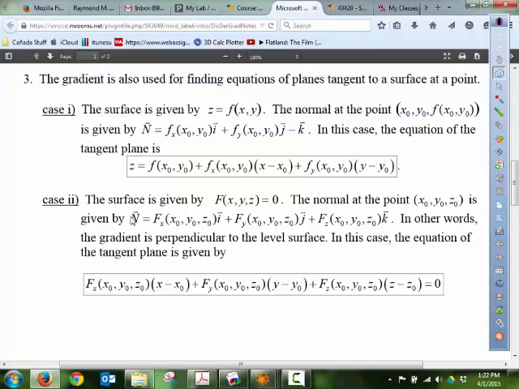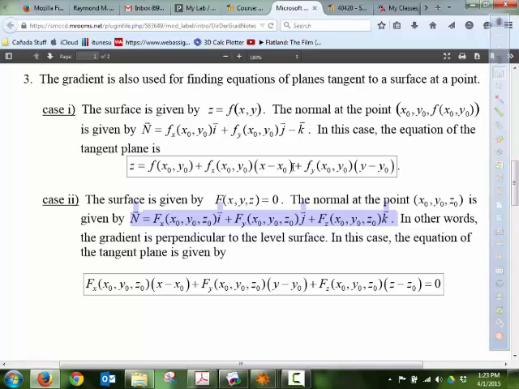I'll start with case 2 in my notes here, and that is that if you have a function of x, y, z equal to w, and you find a level surface of that, then the three-dimensional gradient, partial with respect to x, comma, partial with respect to y, comma, partial with respect to z, that's going to be a vector that's perpendicular to a level surface.